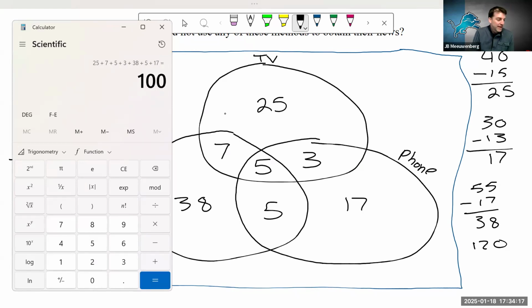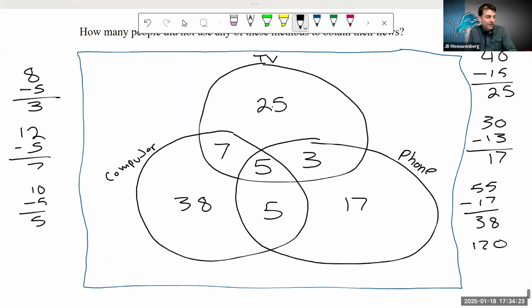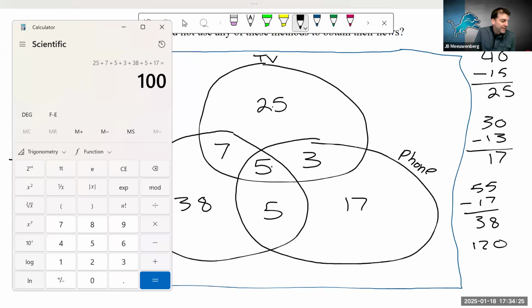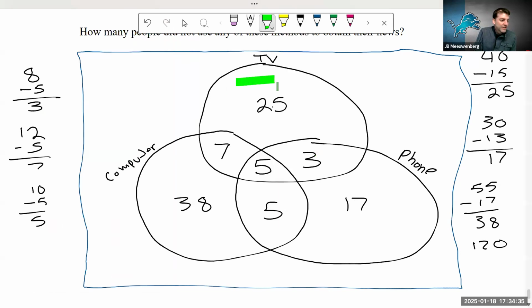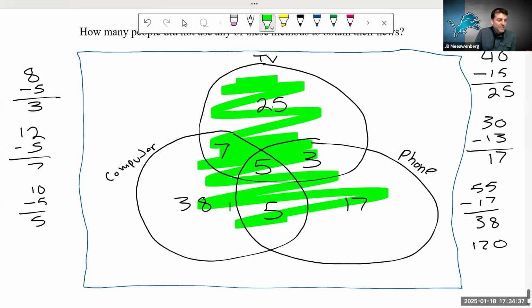So I think I got all those accounted for. I'll double check up here. I'll look at my numbers. 25. Whoops. Let's keep the calculator up. 25, 7, 5, 3, 38, 5, 17. That's 100 people. So inside our current diagram, all of these numbers add up to 100.